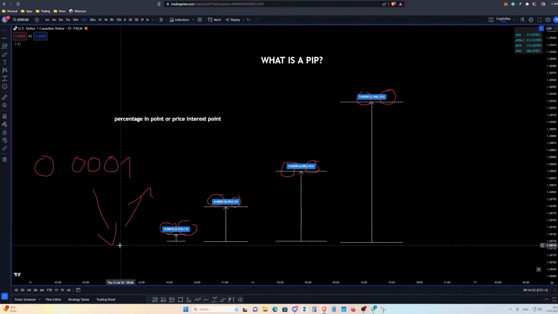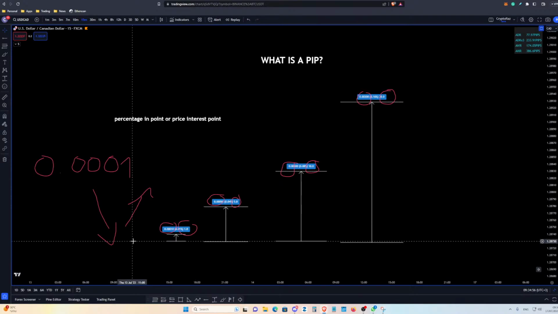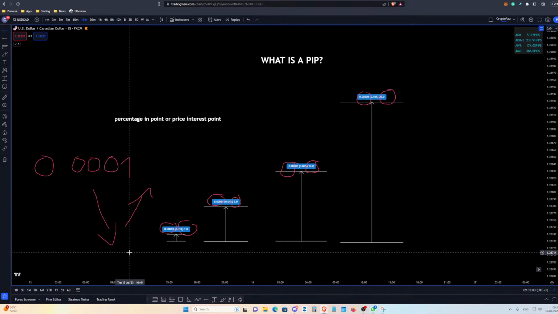In this case, the value of 1 pip is calculated by multiplying the trade value or lot size by 0.0001. So, for the Euro USD pair, multiply a trade value of, say, 10,000 euros by 0.0001.